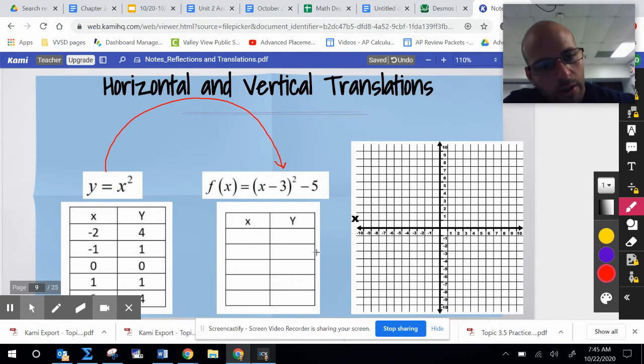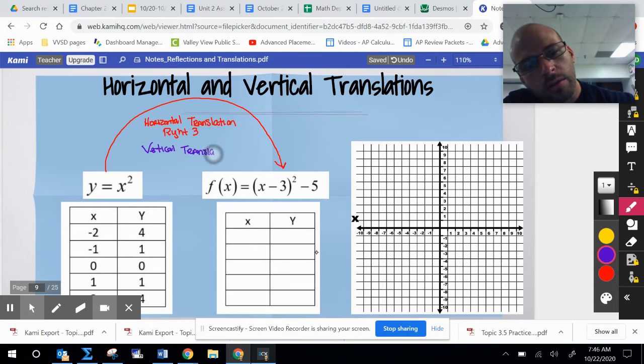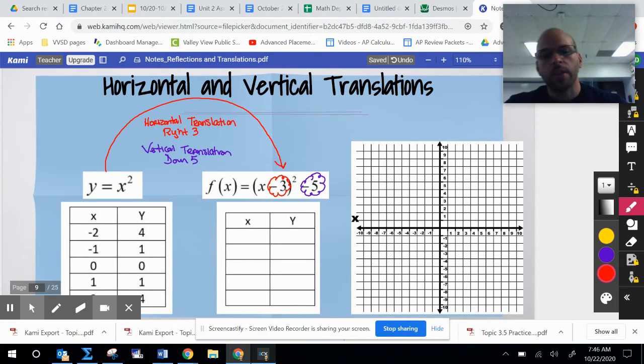So I know there's going to be a horizontal translation right 3, and I'm also going to have a vertical translation down 5. Okay, so the minus 5 shifts my graph down, and then the minus 3 on the inside shifts my graph to the right 3.